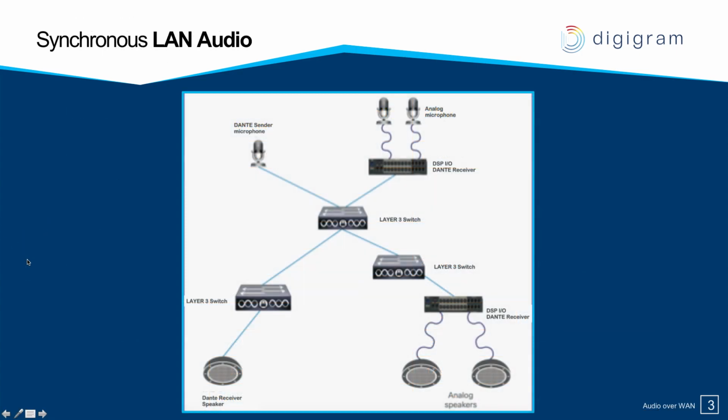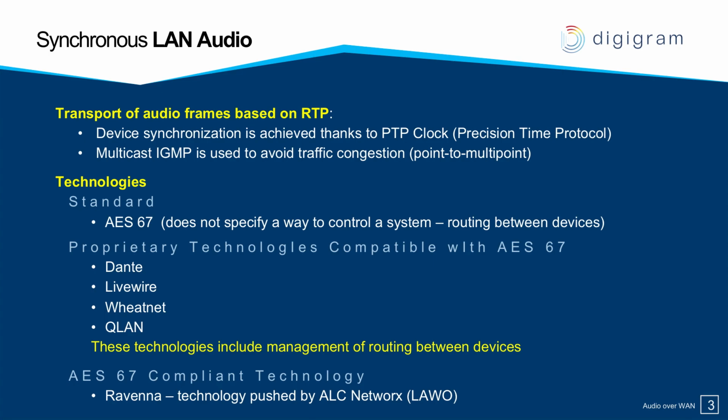Now, we also have something called LAN audio. So many churches and live sound venues and install sound venues will take advantage of technology for LAN audio like Dante or AES67 or Livewire. These are technologies that actually have device synchronization because there's PTP, which is Precision Time Protocol. This can all be done over a LAN very easily.